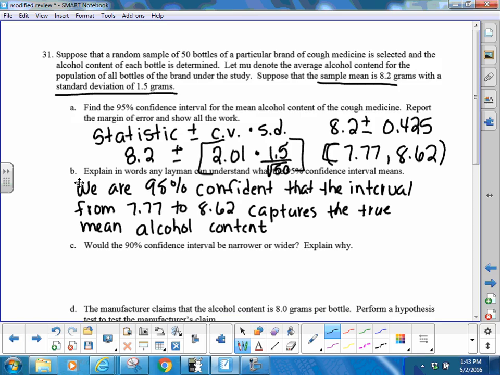Does anybody know what two words we put in? I think it won't hurt to put it in, and you don't want them to think that we think every bottle we pick up, let's see, we're 95% confident that interval captures the true mean alcohol content on average. We might keep it without it, but probably okay leaving it in too.